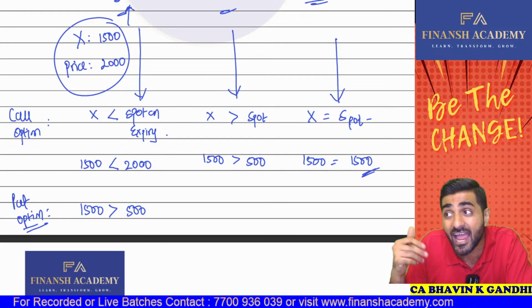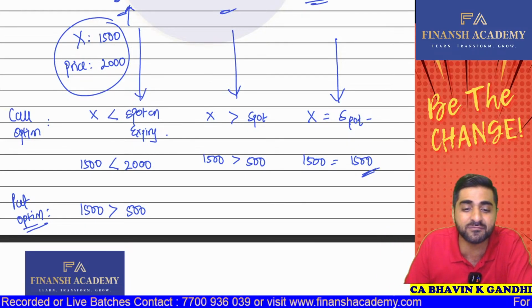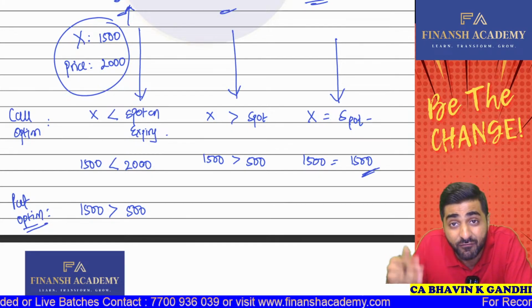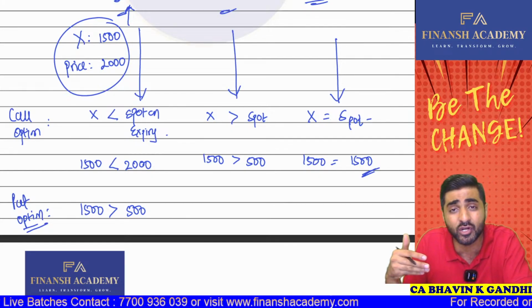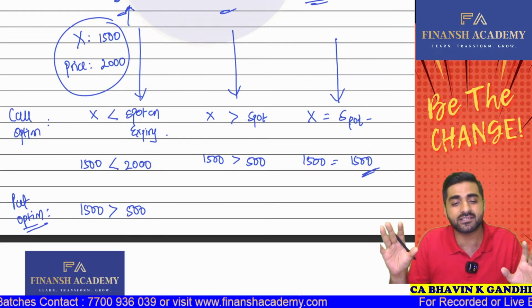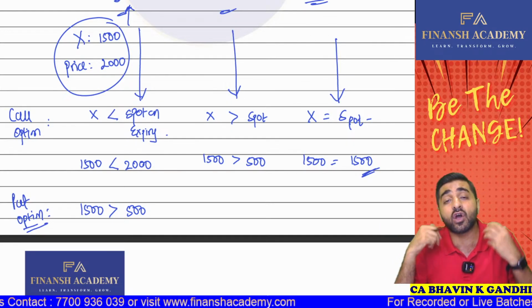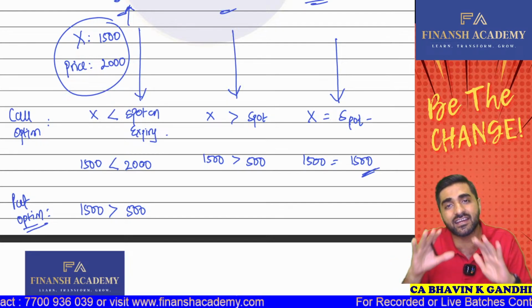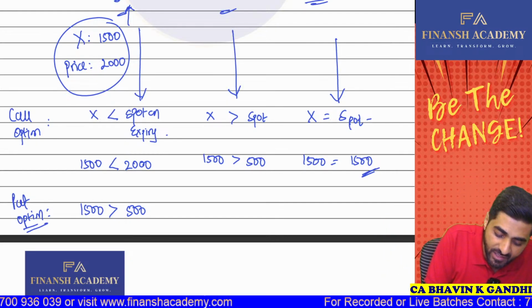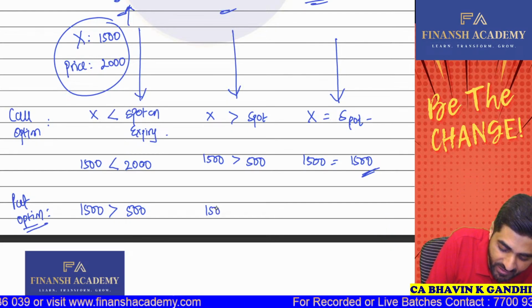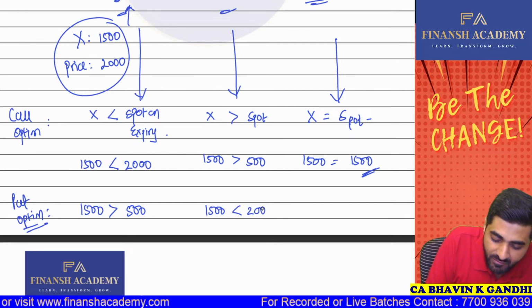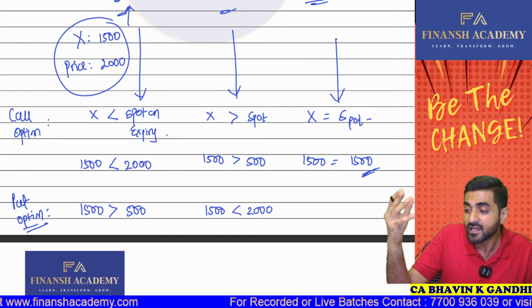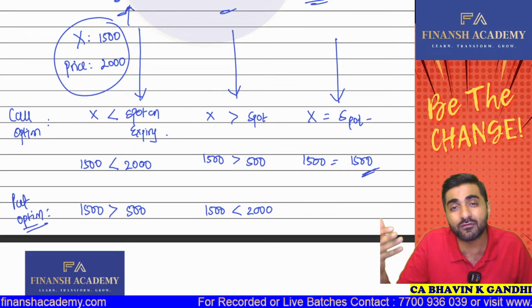So can I say that I have a right to sell it at 1500 when the spot is 500? Is it in favor of the option buyer? Come on, yes or no? Then the answer is absolutely yes. So when it is in favor of the option holder to execute the contract, we say it's in the money. Similarly here, if this is 1500, but in the market we can sell it at 2000 rupees, then we say this is out of the money.